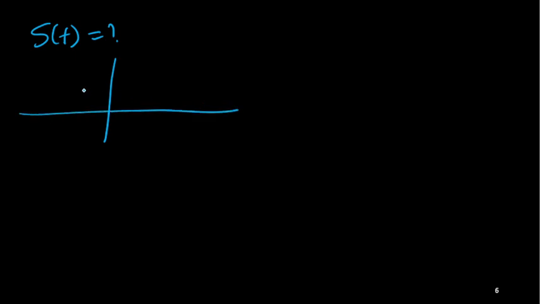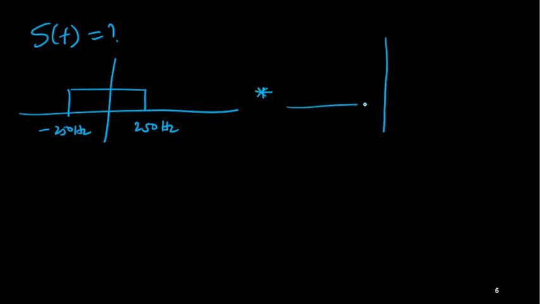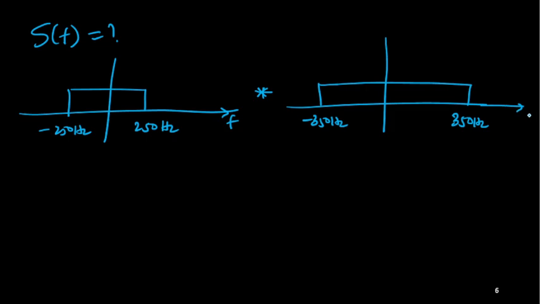The first component is up to 250 Hertz, minus 250 Hertz, and we need to take the convolution with the second component, which is a little bit wider. It is 350 Hertz, minus 350 Hertz. So this is in the frequency domain, the first term.